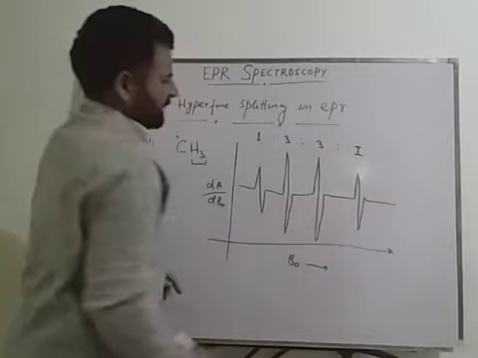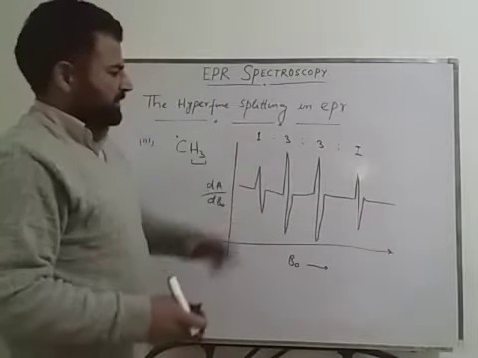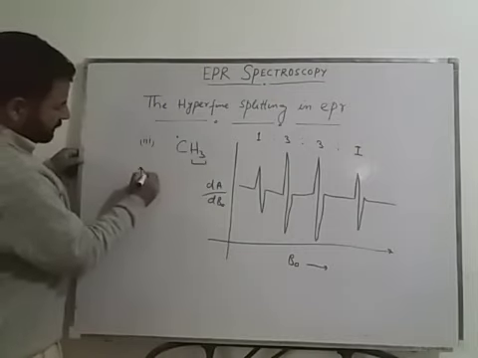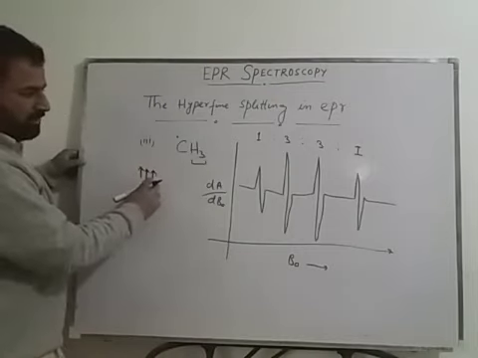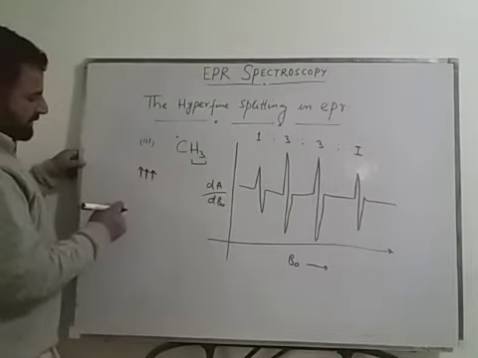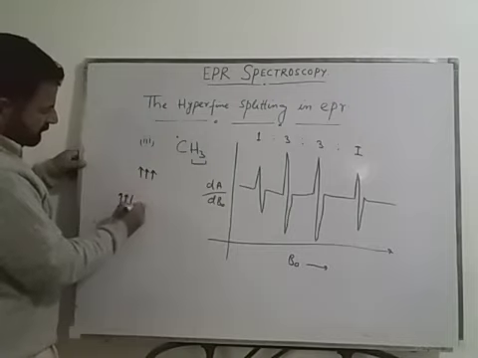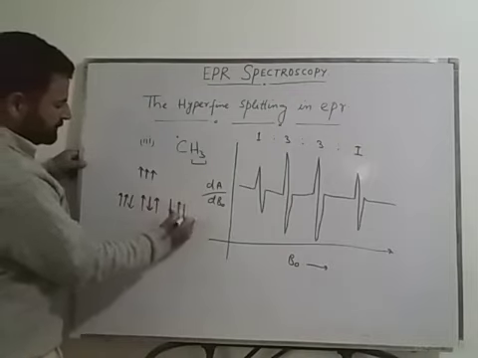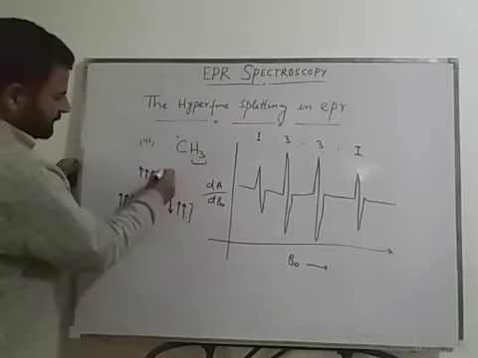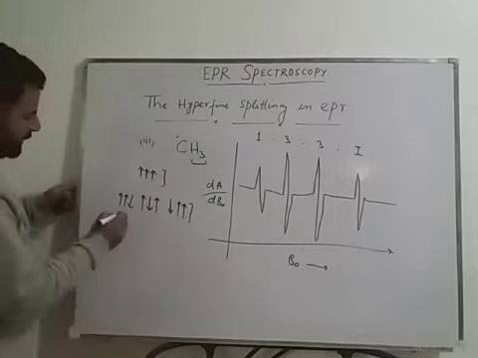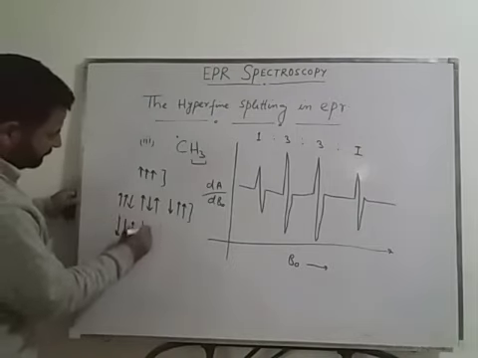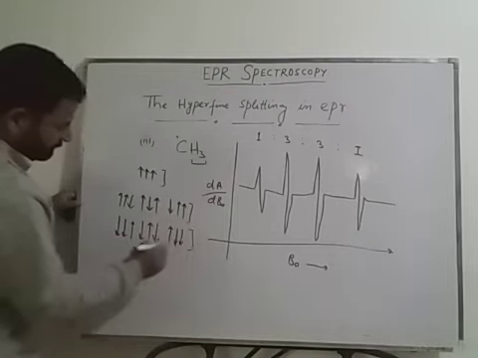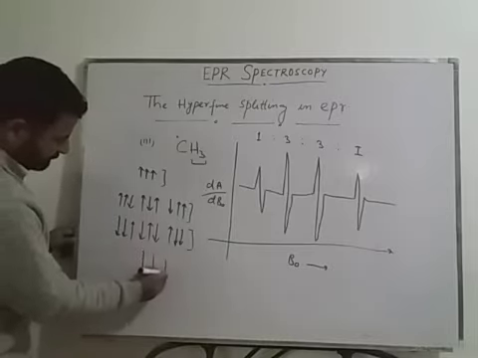1:3:3:1. Why? The intensity of the four peaks is in this ratio because, as I told you, of the four orientations: in one state only one orientation of the triad is possible, in this state we have three orientations, here also three orientations, and here one orientation.